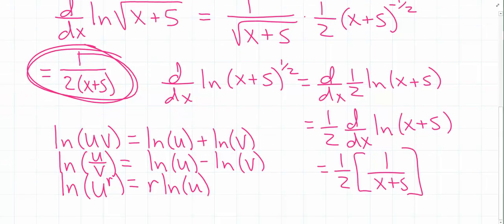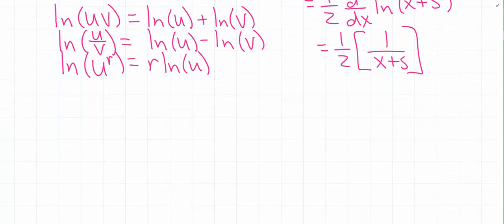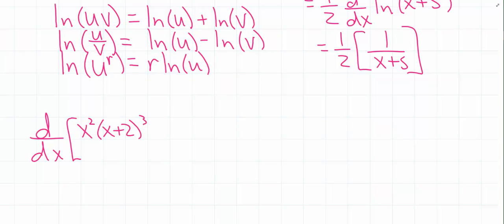Now, this is maybe not so big of a deal with that problem because that problem wasn't very difficult. But maybe we have one that's more difficult. Like, for example, let's suppose that we have x squared times (x plus 2) to the third over the square root of x plus 1, something like that.